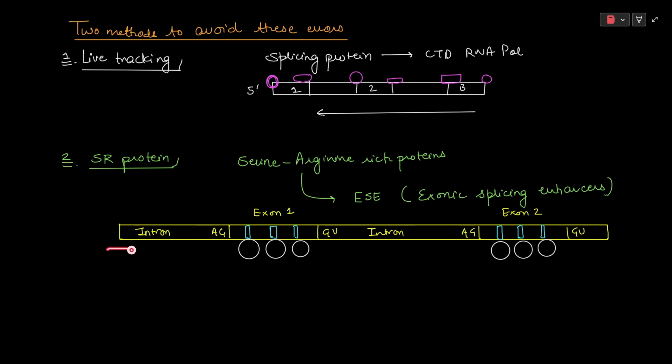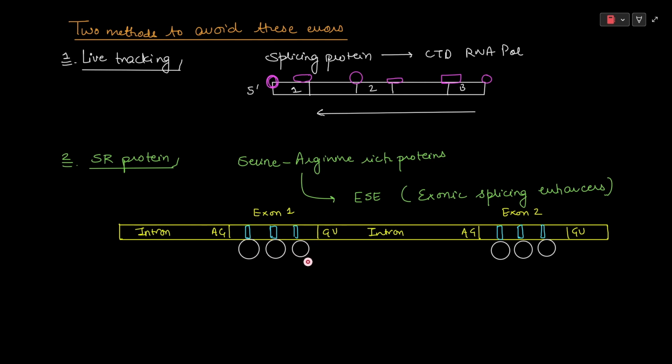So it comes around here and then it finds this SR protein, and now it knows that okay, this is your exon-intron junction and this is a 3' splice site, right? So it will recognize this and bind here. Then here the SR proteins help in the recognition that okay, this part is an exon. As soon as the exon ends, then you will have this one. This is what we call the 5' splice site, right?